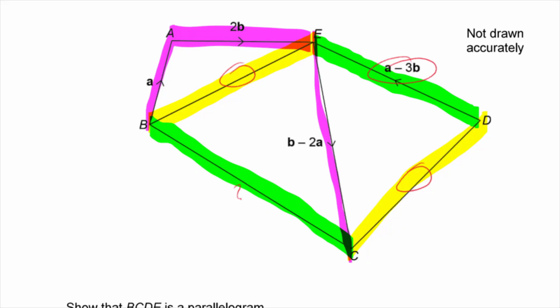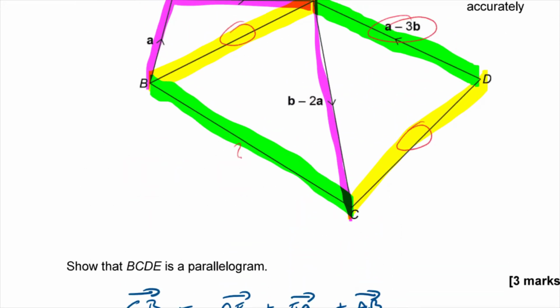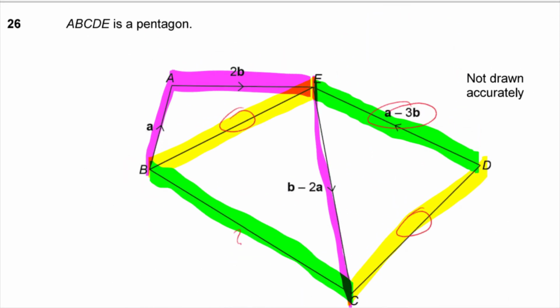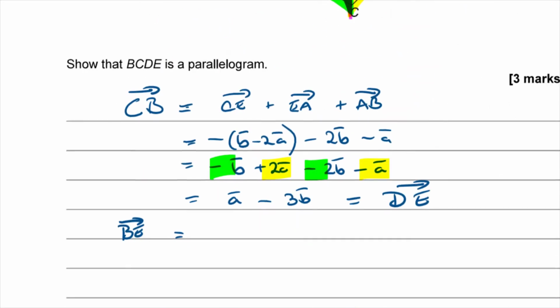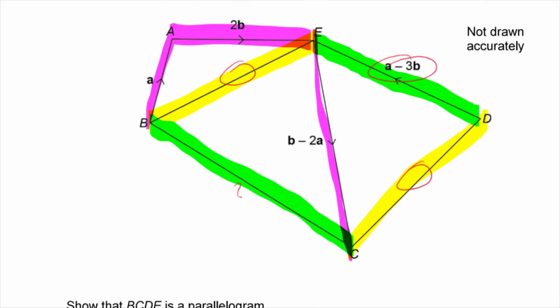So let's take the vector BE to start with and work out what that is. B to E is just along B to A and then A to E, isn't it? B to A and then A to E, and this bit is a bit easier, isn't it?